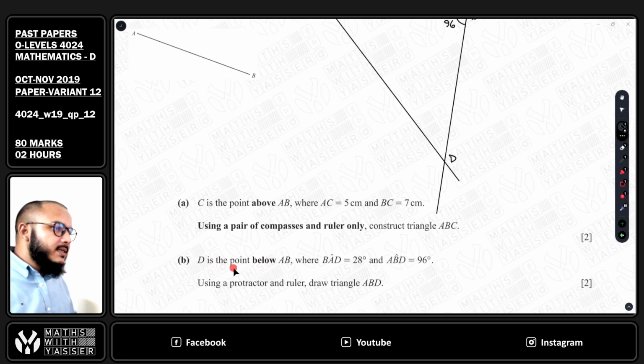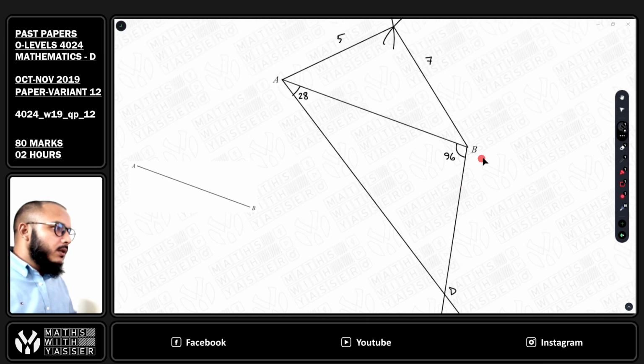Then it says D is the point below AB, where BAD is 28 and ABD is 96. Using a protractor and ruler, draw triangle ABD. So for this one, you just need to use the protractor and see where you get the value 96.